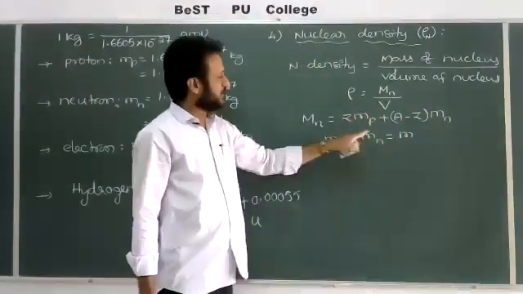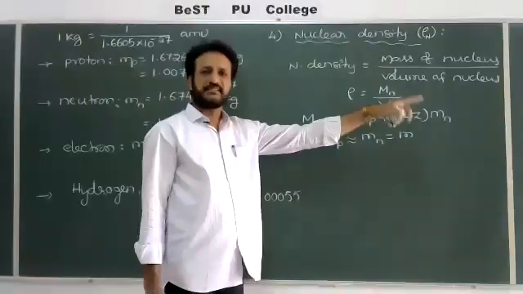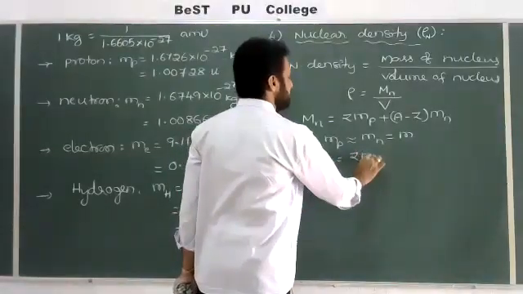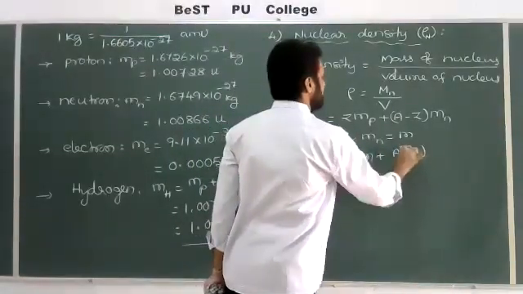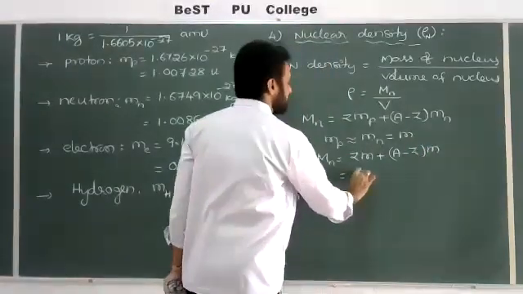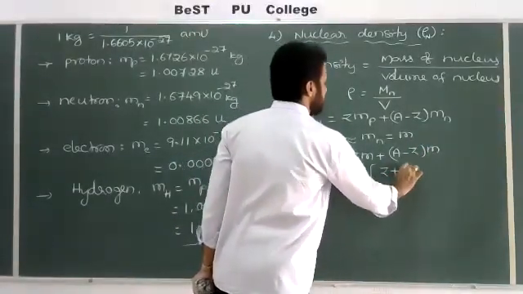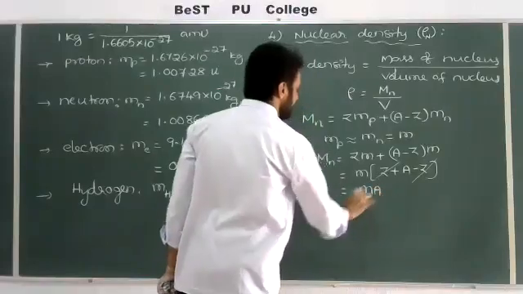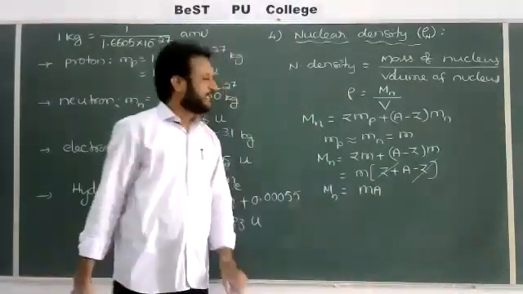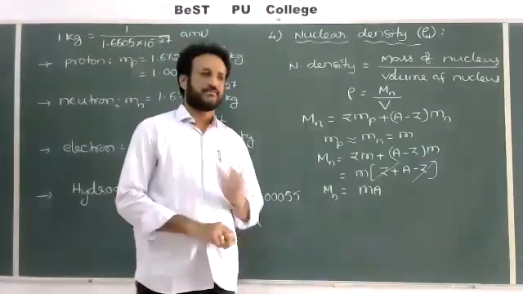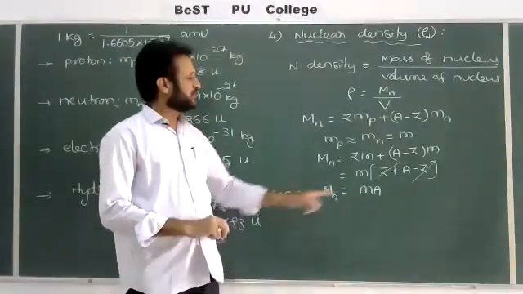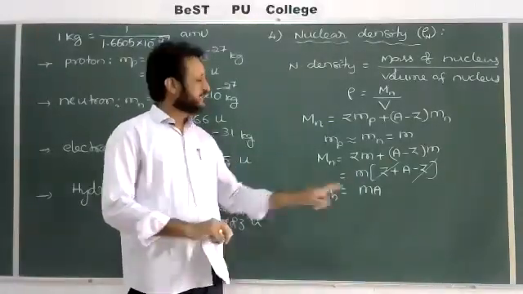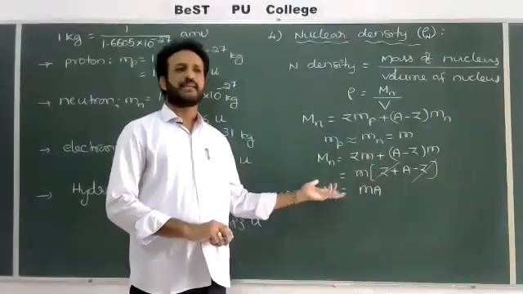In the above case, whatever mp is there, write m. Mn is there, also write m. Therefore, mass of the nucleus is equal to Z into m plus (A minus Z) into m. Taking m common, the remaining is Z plus A minus Z. Here minus Z and plus Z get cancelled. So m into A. Here m means the mass of a nucleon, maybe proton or neutron. If a nucleus contains a total of A nucleons, and one nucleon mass is m, then A nucleons have mass m into A. Simple.